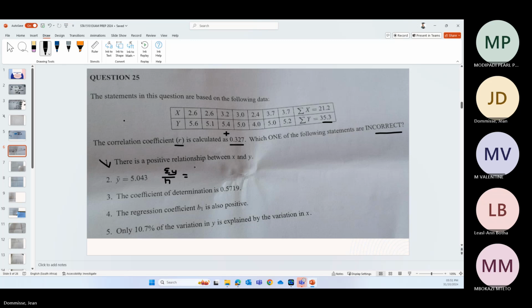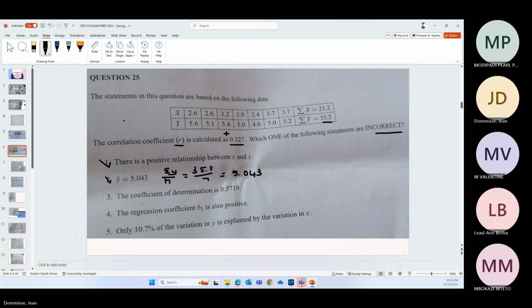So 35.3 divided by 7 is equal to 5.043. And so that is correct.